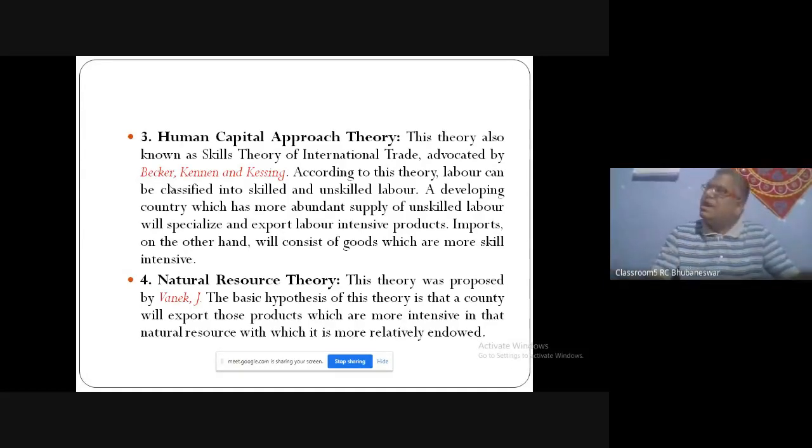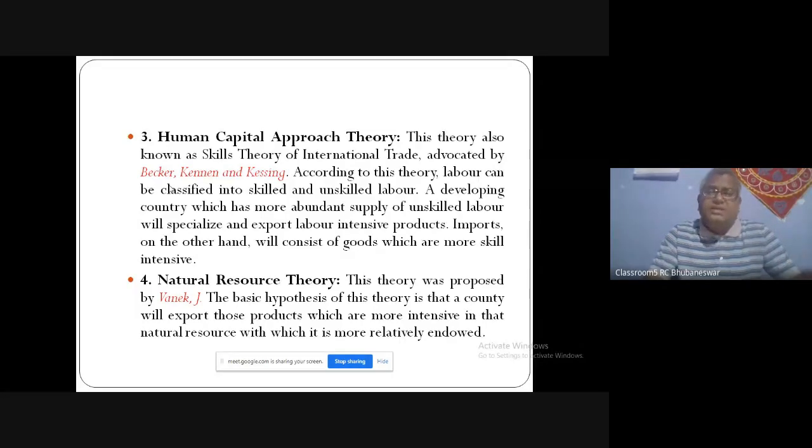And sometimes there is also the natural resource theory. Here they focus on natural resources that are abundant in a particular country, like in African countries you see there are huge natural resources. In India also, huge natural resources are there. And some other countries have different natural resources which they are utilizing.